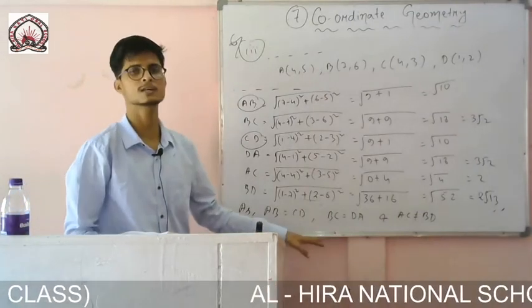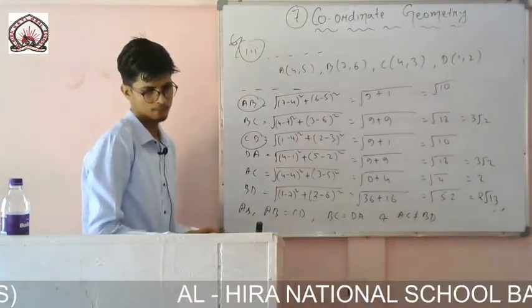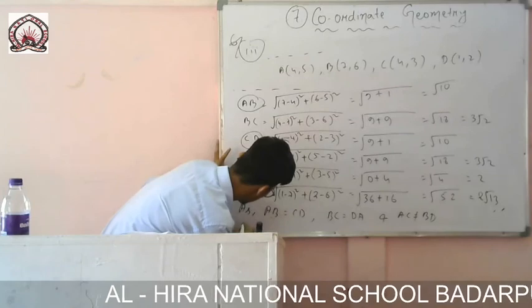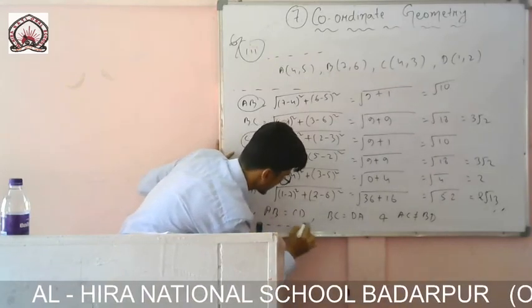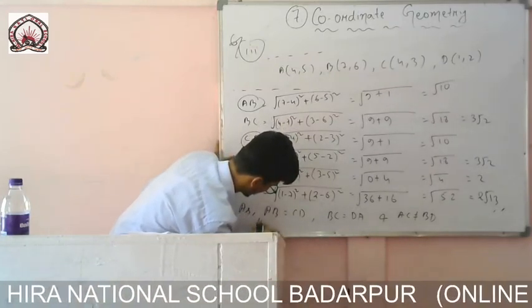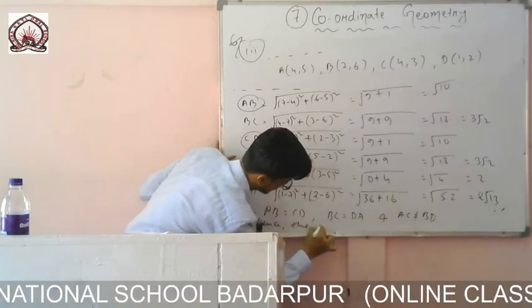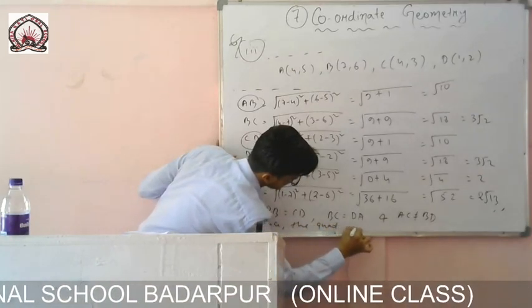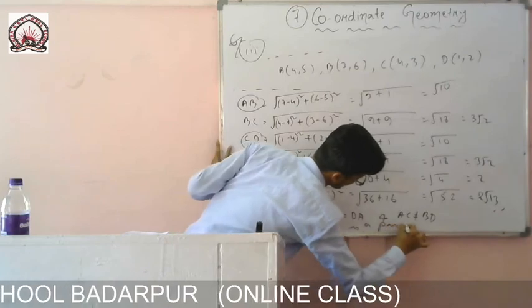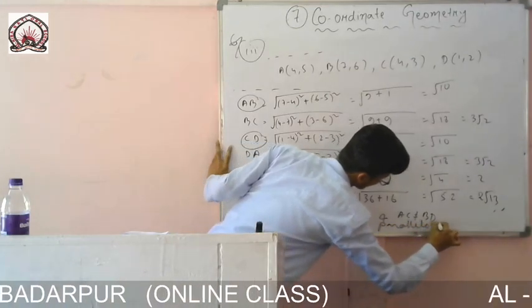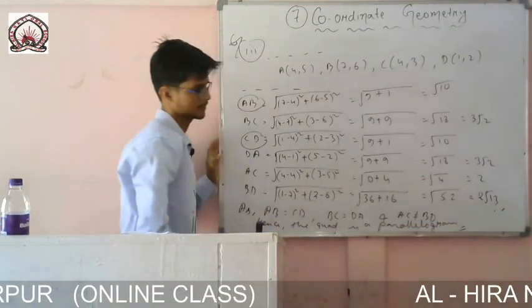So these are the properties of a parallelogram. Hence the quadrilateral is a parallelogram. So this is the end.